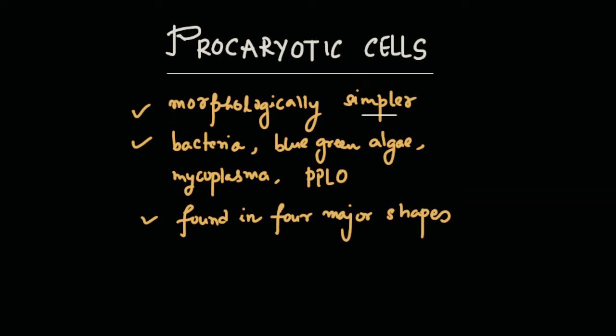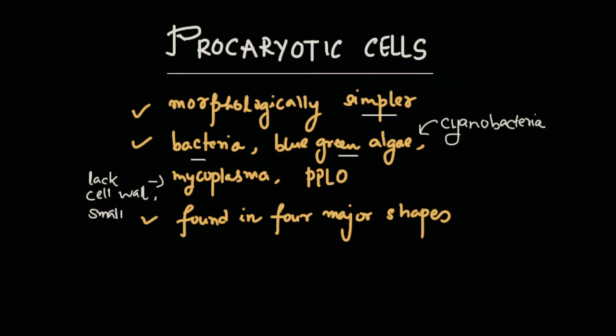Examples of prokaryotic cells include bacteria, blue-green algae, which are also known as cyanobacteria, and mycoplasmas. Mycoplasmas lack a cell wall. They are bacteria which lack a cell wall and are the smallest living cells available.